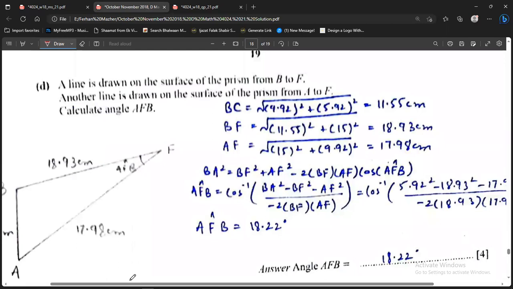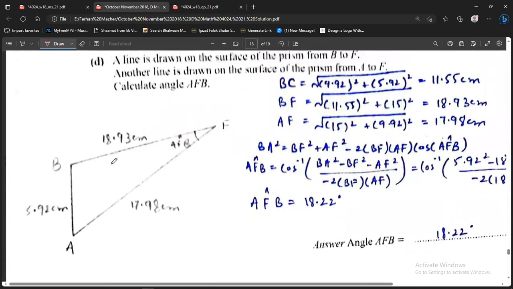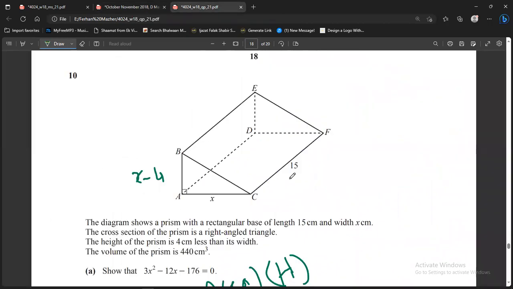So basically they want me to find out A, F, and B. So I need to calculate BF, and I need to calculate AB. I already know that is 5.92.